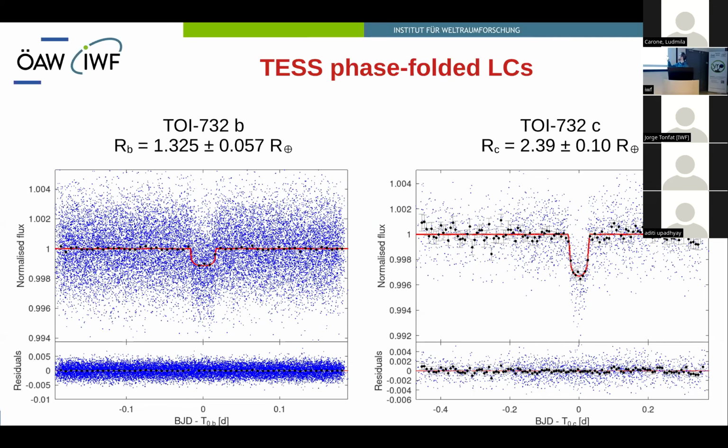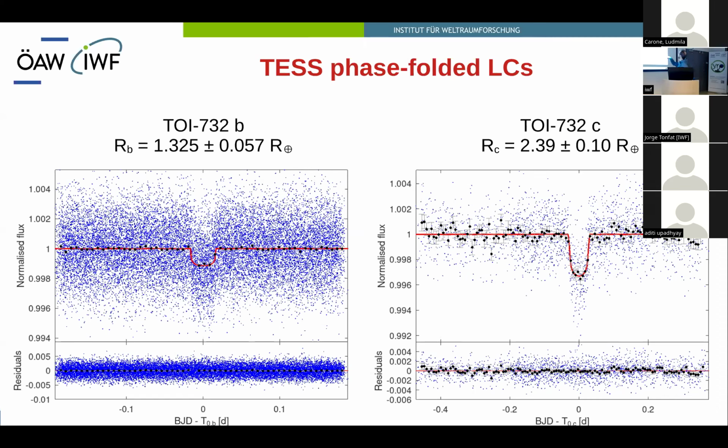The black points are the binned photometric data to guide the eye and see the layout of the points. The red line is the theoretical transit model that was computed for the different planets. In the bottom part, you can see the residuals, which means the difference between what was observed and what was computed theoretically. If the residuals have a Gaussian distribution, this means that all the systematics were properly removed.